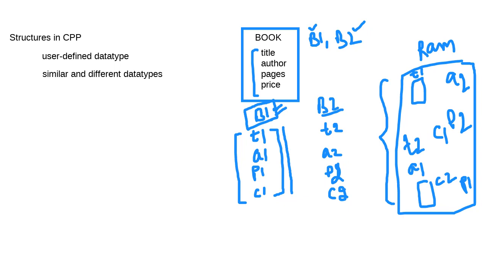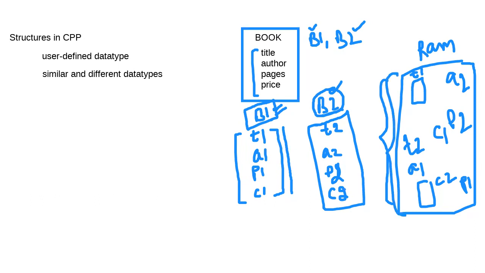No, right? Same goes for B2 also. Although these four variables are related to each other because they all are the information of book B2, when I look at the RAM, there is no association between these variables, and they're not at all linked.